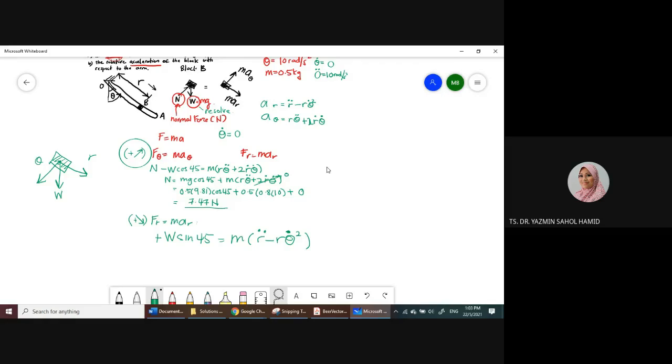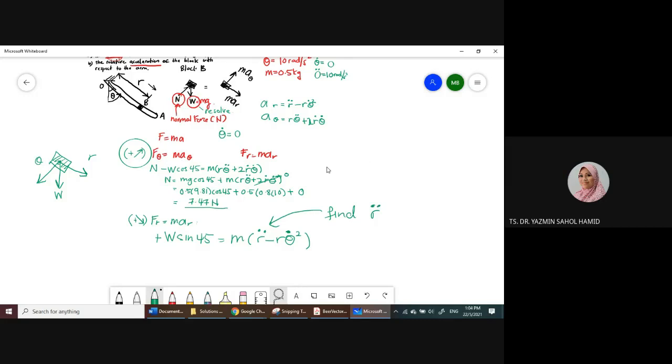Class, what do we need to find? Acceleration. Okay, so they asked us to find the acceleration of the block with respect to the arm. So what we need to find is R double dot.